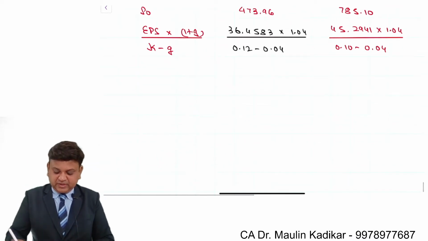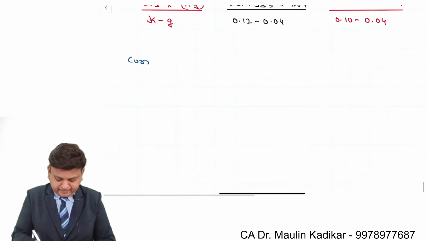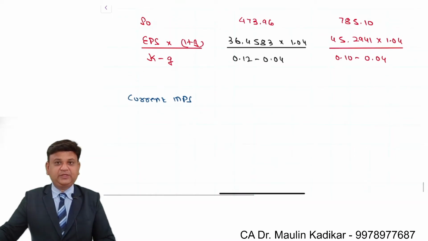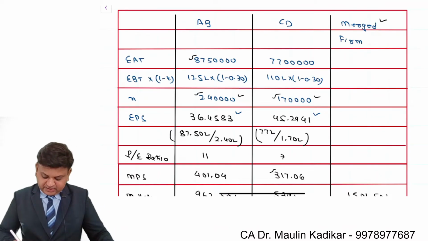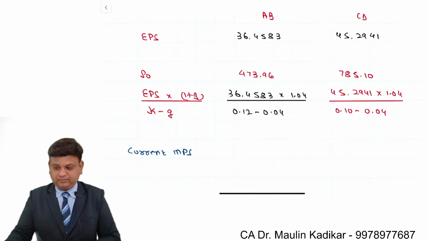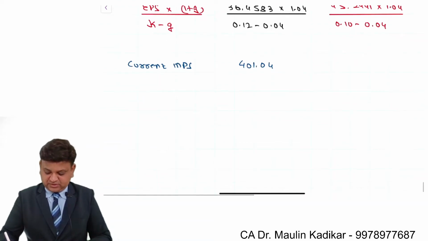Okay. Now you can see that the question is also providing, that is we have calculated current price. We have computed the current market price of the share of both the companies. It is 401.04 and it is 317.06.